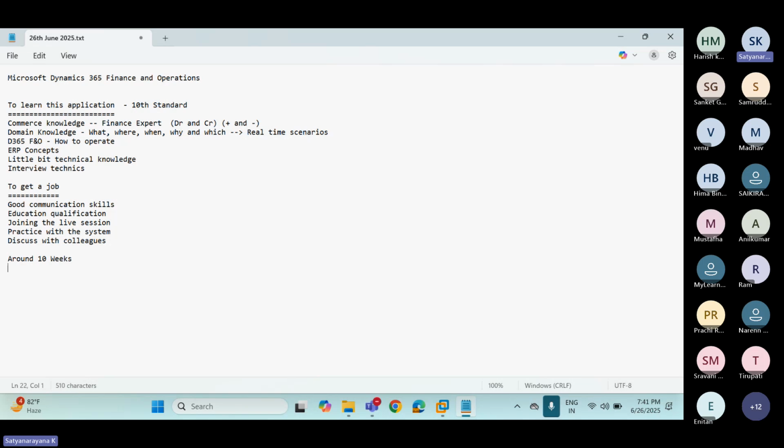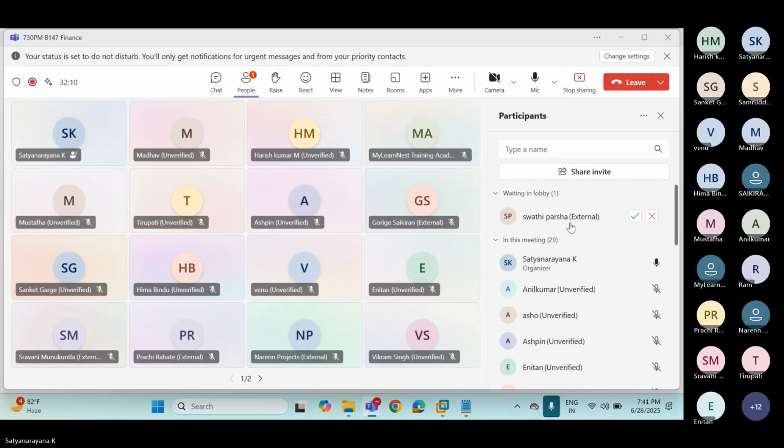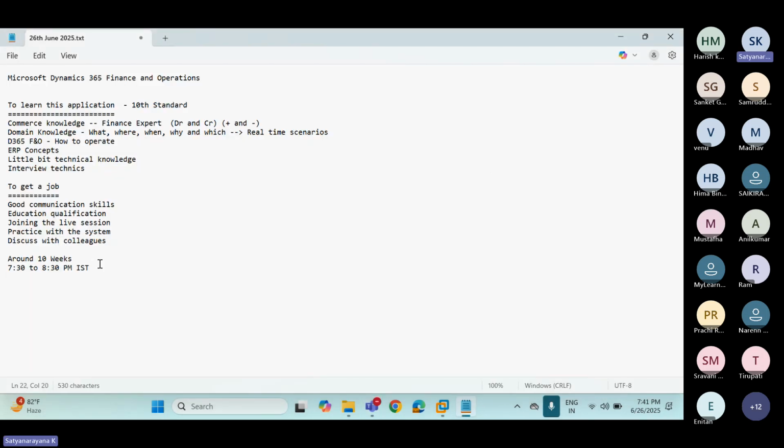And the session will be 7:30 to 8:30 p.m. IST. The same timings it will be.